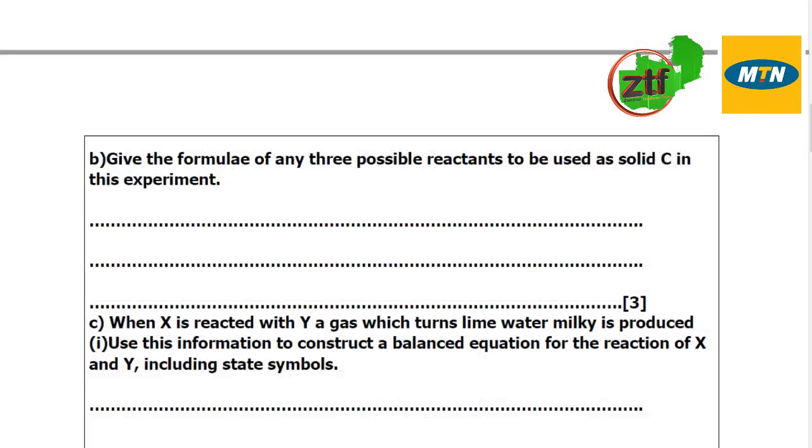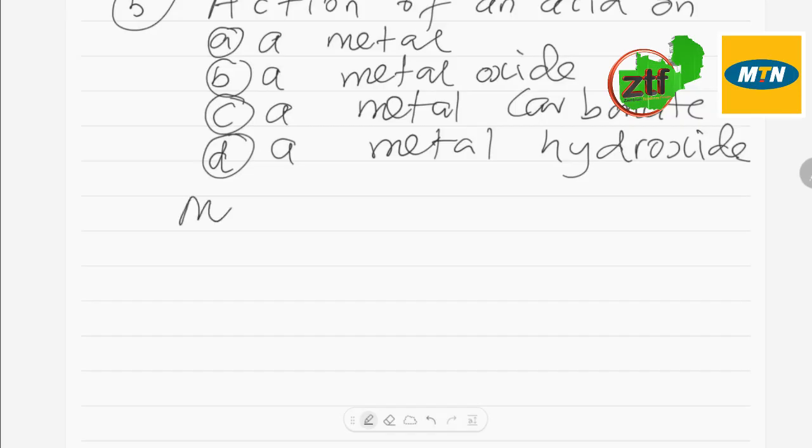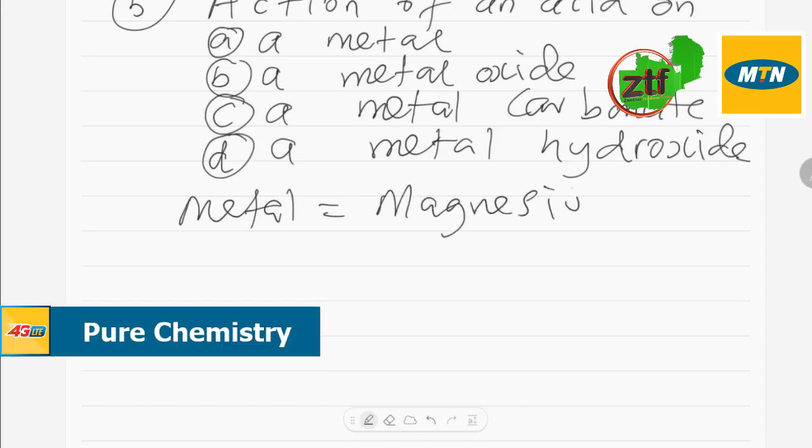Now, since we're preparing a salt of magnesium, we're already guided that the metal to use is magnesium. So in our guide, one of the possibilities of X is magnesium.